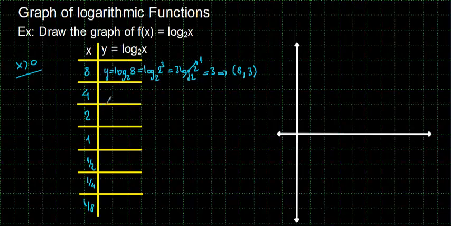Then y is equal to logarithm base 2 of 4, which is logarithm base 2 of 2 squared, equal to 2 times logarithm base 2 of 2, which is 1. So it equals 2, and the coordinate is 4, 2.